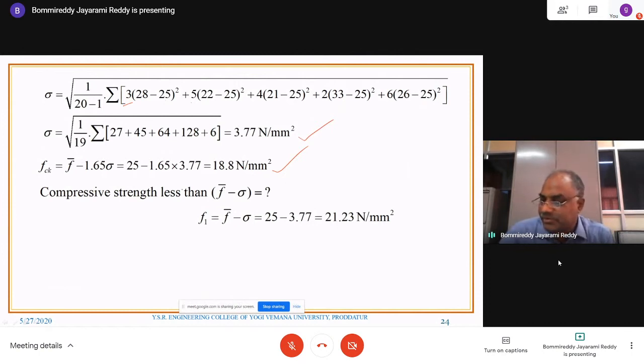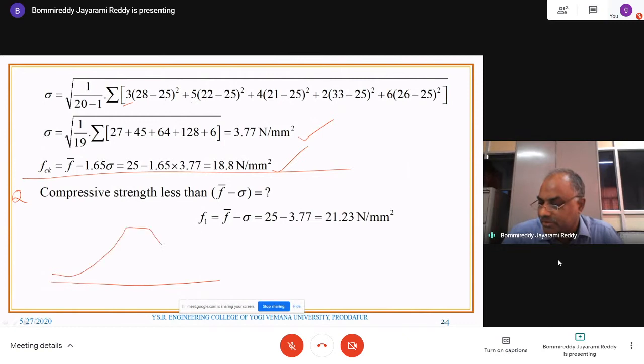And sometimes the question may be another question. Here the question is over. One more question: what is the compressive strength less than F bar minus sigma?